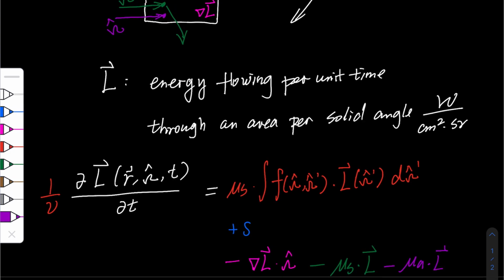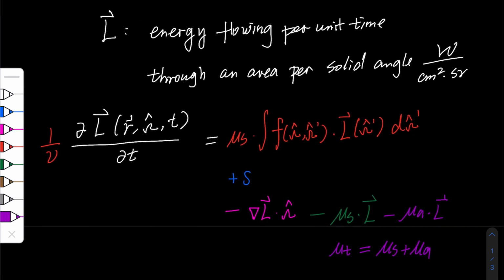So this is basically the transport equation. We then simplify it a bit by defining mu t, the transport coefficient, which equals mu s plus mu a. And then we also move the negative part on the right-hand side to the left-hand side.